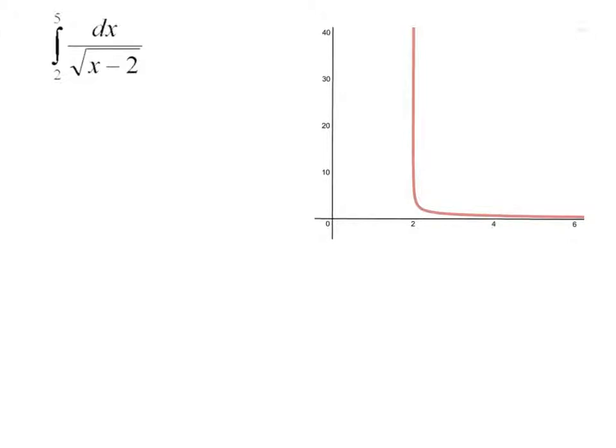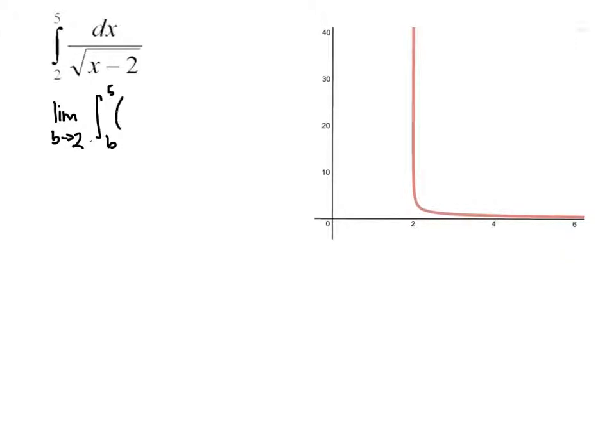Now, if you remember from before, we start with a rewrite of this. We rewrite it as a limit as b approaches, oh, excuse me, as b approaches 2, because that is the problem, 2. We go from b to 5.